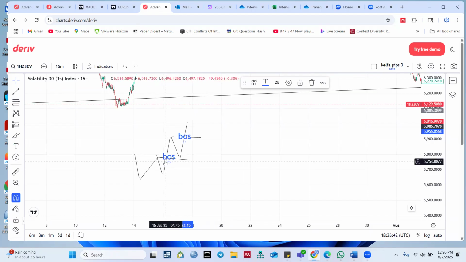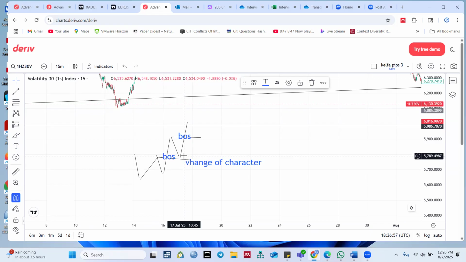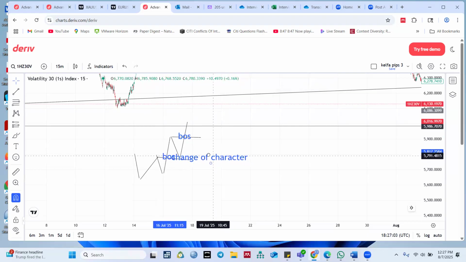But the first time that a BOS will happen, it's also called change of character. So this area is change of character, and at the same time the first break of structure.